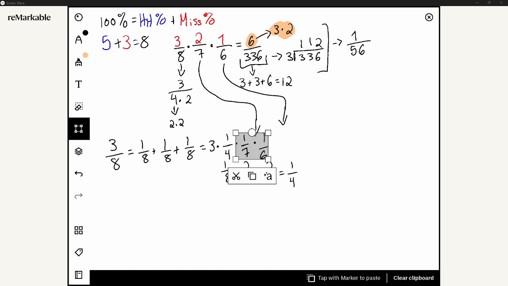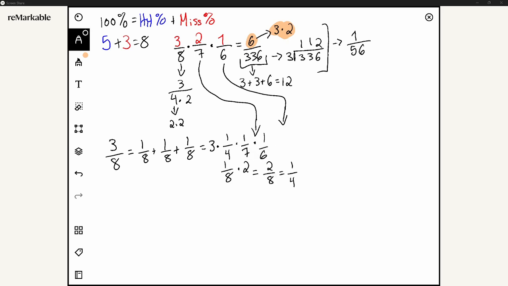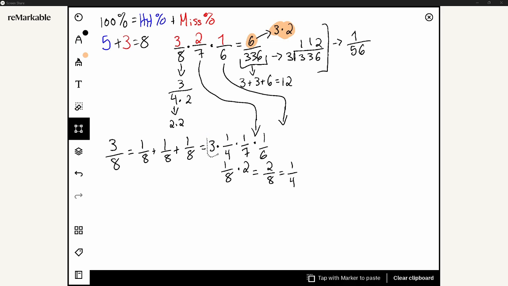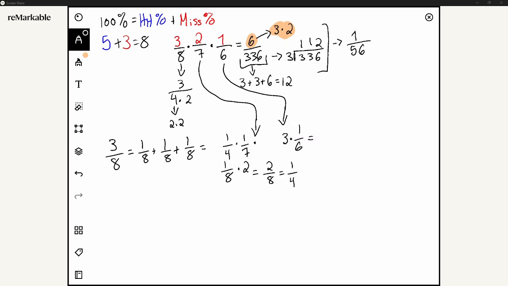Now, you probably look at it and you say, well, this is still nasty. This doesn't really help me. But we're not done. Again, hopefully the astute among you will notice that we have another pair of numbers we can combine. We have 3 and 1/6. Well, 3 is 1/2 of 6, therefore 3 times 1/6 is 3/6, which is 1/2.